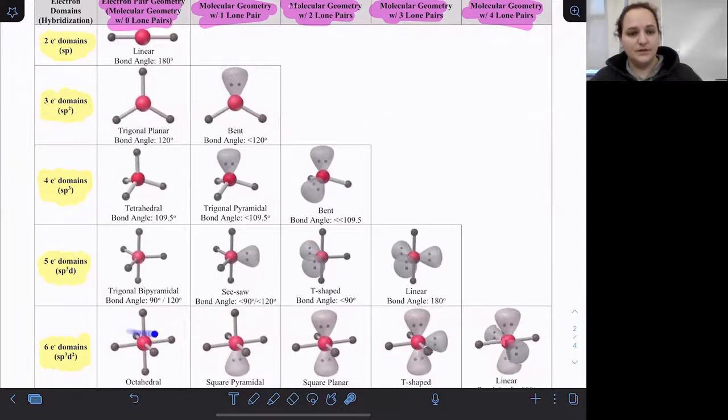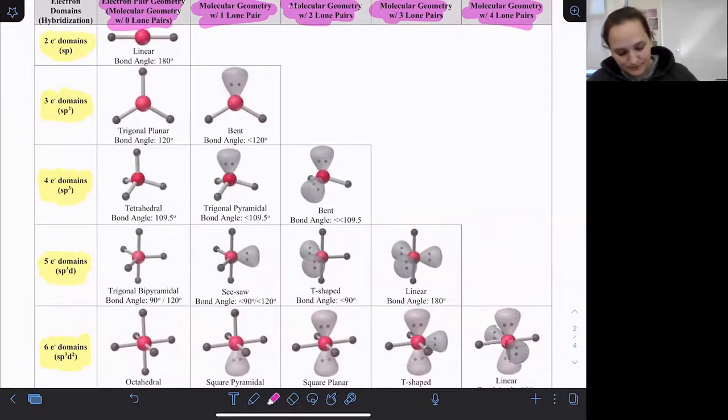So these little pictures are trying to show you what these molecules actually look like. Note that the names are trying to describe the shape that the molecule makes, specifically the shape that the bonding atoms make.